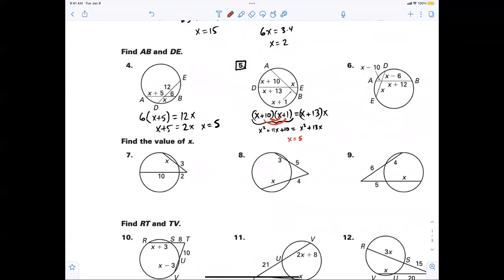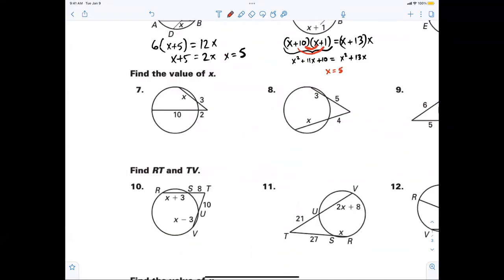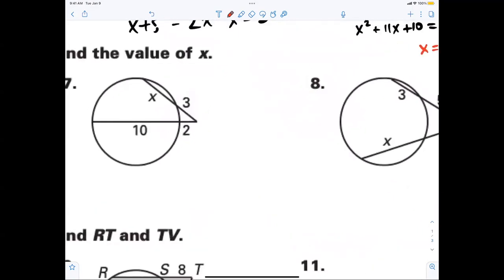Let's move on. Now we come to a different rule, and this is kind of the same principle. They create similar triangles. Let me just show you.